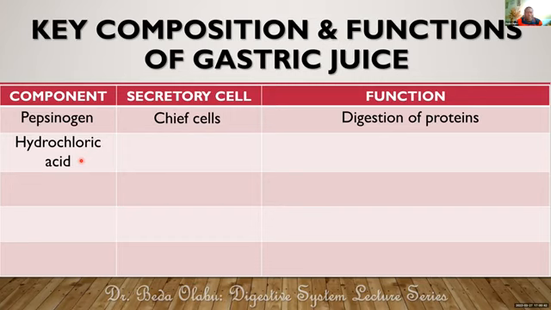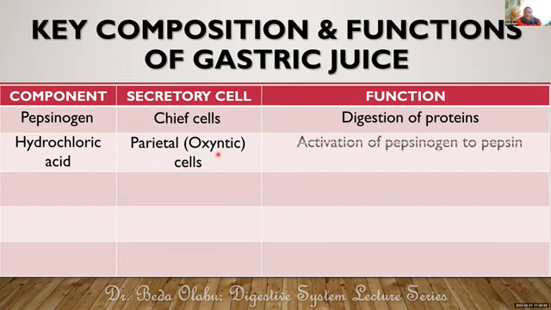Hydrochloric acid is also a component of the gastric juice. Basically, we call it gastric acid. And this one comes from the parietal cells. They're also called oxyntic cells, by the way. The role of gastric acid is to activate pepsinogen to pepsin.